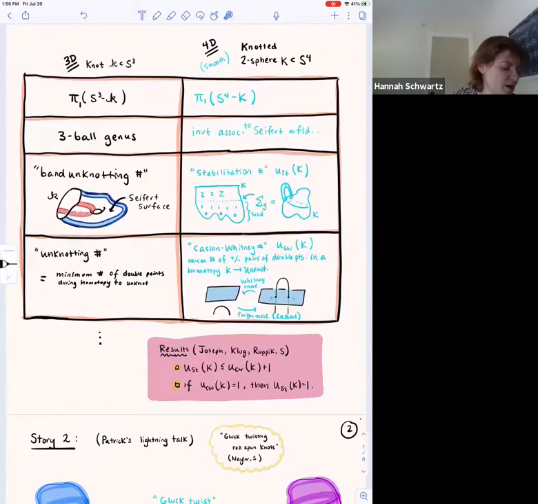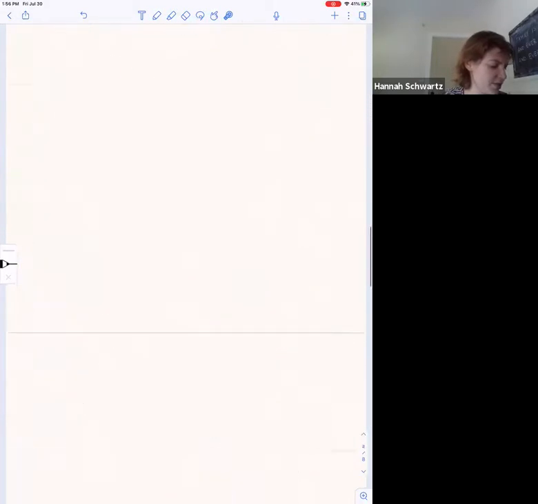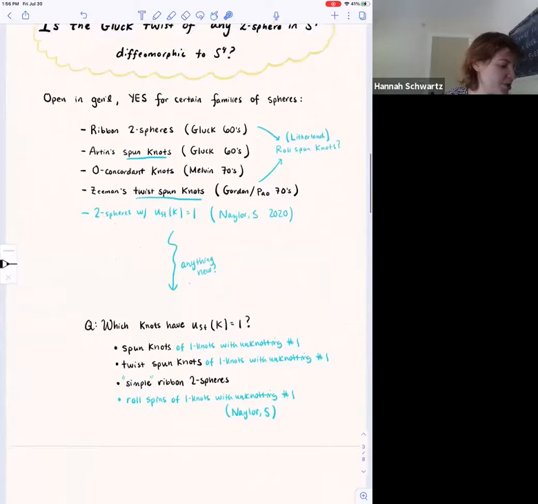So relating these two things is also why Patrick and I had trouble extending our proof to higher unknotting numbers. It's hard to do this for stabilization number. It would be interesting to me to try and extend this to higher Casson-Whitney number.